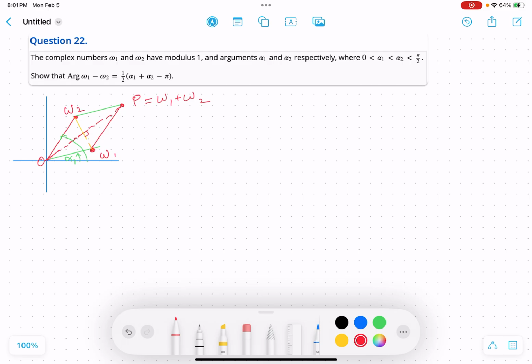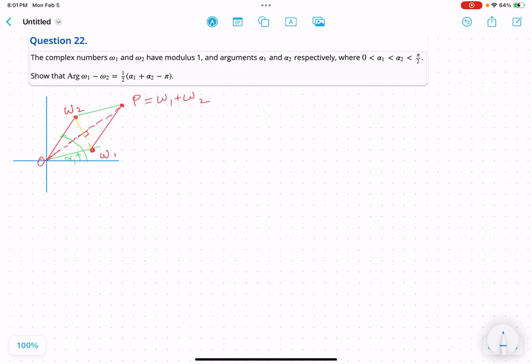So I'm looking for the argument of W1 plus W2, which is that one.